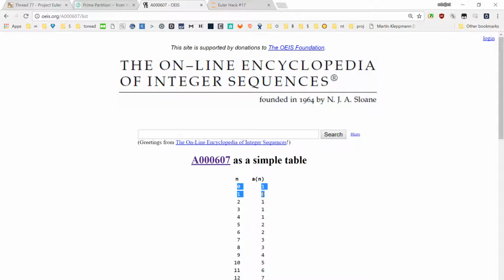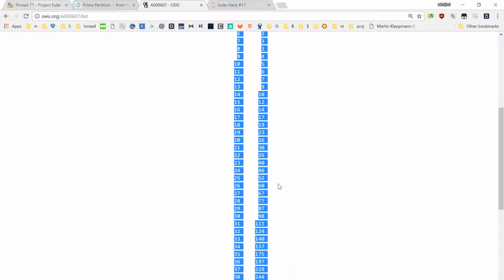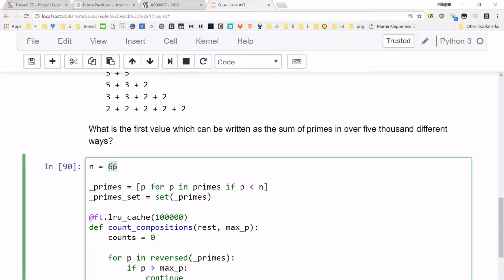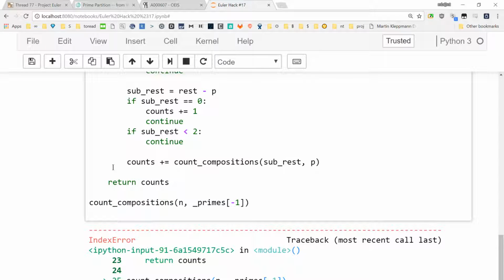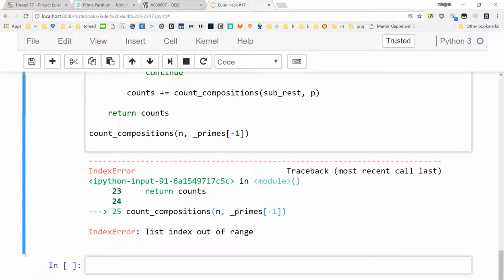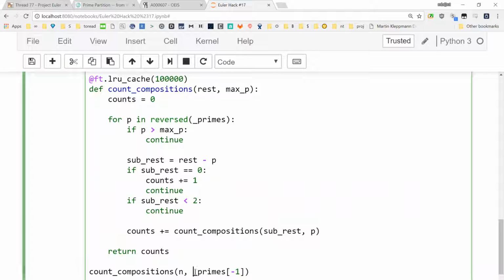So 0 is a prime? Well, I don't know. This is interesting. This index out of range. What if I do, just for sake of argument, maybe primes plus 1 up?